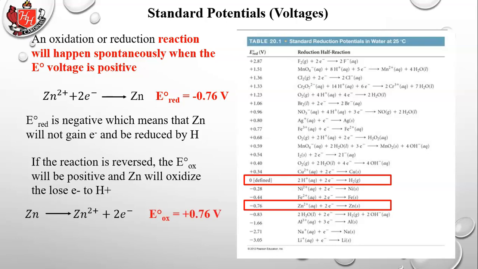So there is zinc written as an oxidation reaction. That's the way that it actually works. So you have a zinc atom. This is what happened in our electrochemical cell. You have a neutral zinc atom. It gives away 2 electrons that went across the wire over to the copper, if you remember. And that's spontaneous, so it's a positive number. It's a positive 0.76.